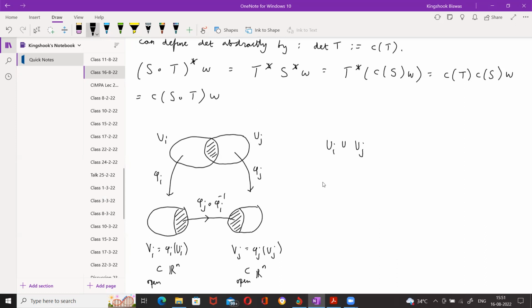I'm identifying the points in this shaded area with the points in this shaded area by this smooth map, right?